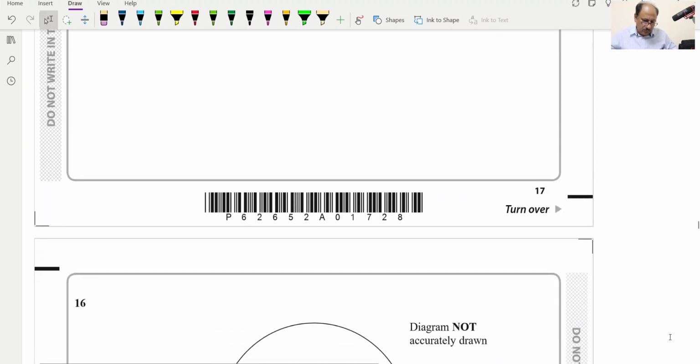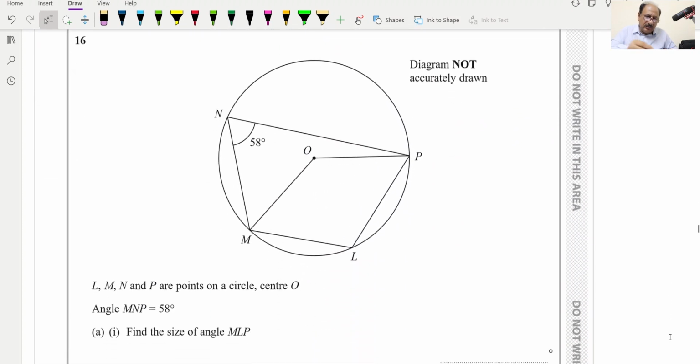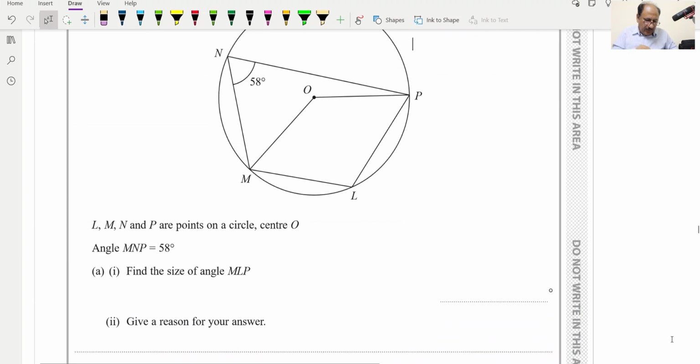Done. Now question number 16, a diagram is provided which is not accurately drawn. L, M, N are points on the circle with center O. So L, M, N and P is basically a cyclic quadrilateral. So angle MNP is 58.